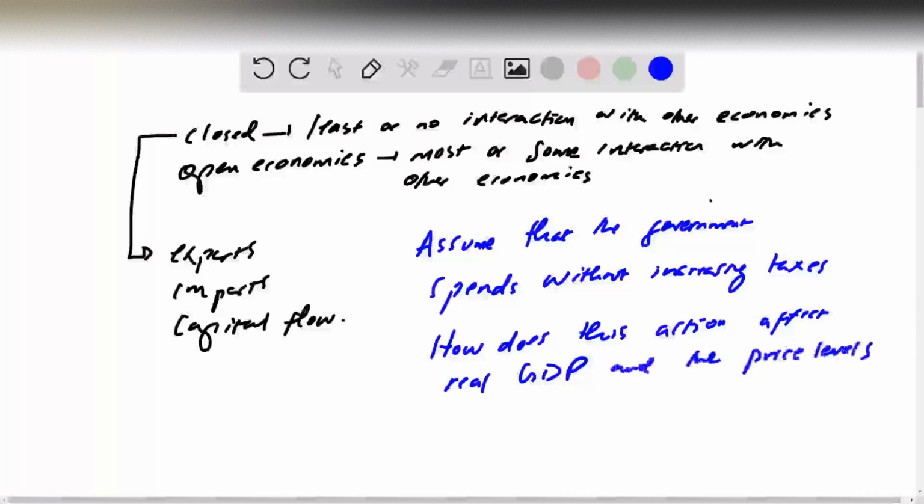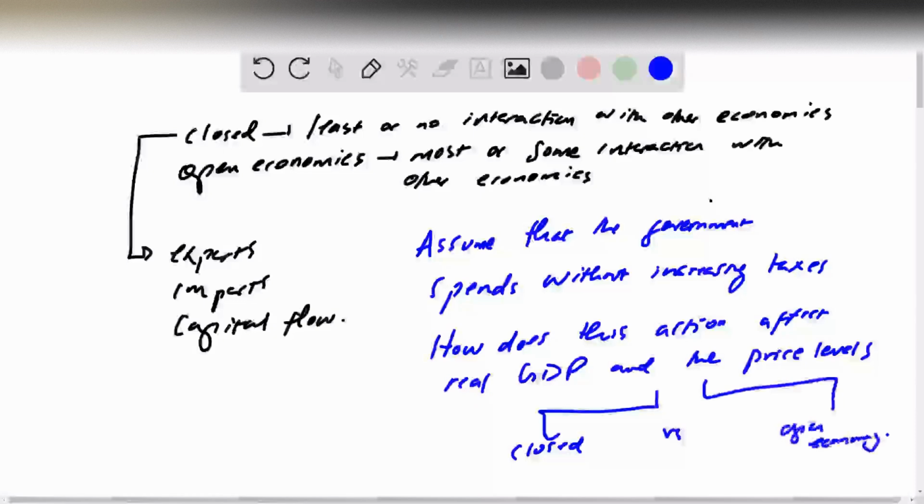We're looking at both the closed versus open economy. If you spend without increasing taxes, what's going to happen in the case of an open economy?